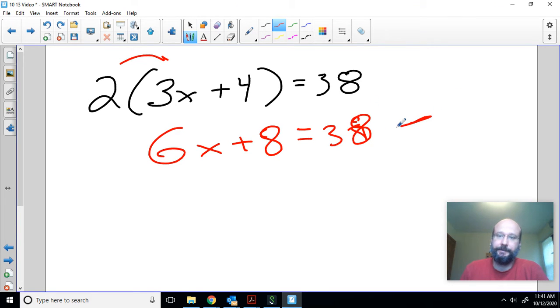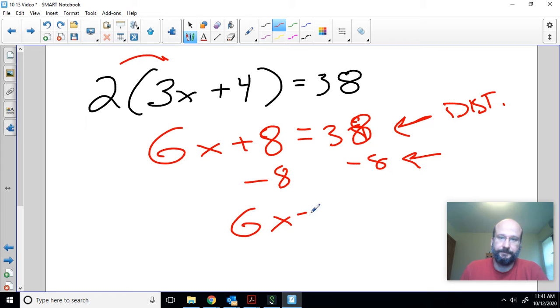Again, this property here is just a distributive property. Our next step. What's this property called? What's our next step? What's this property called?